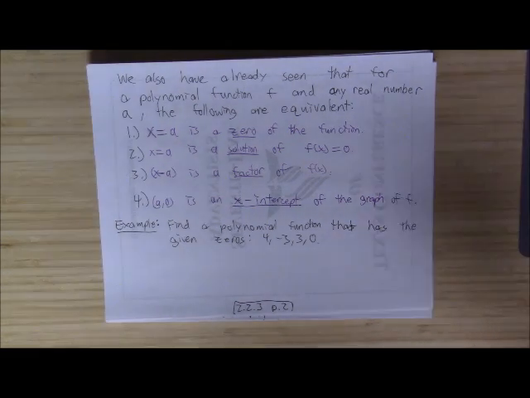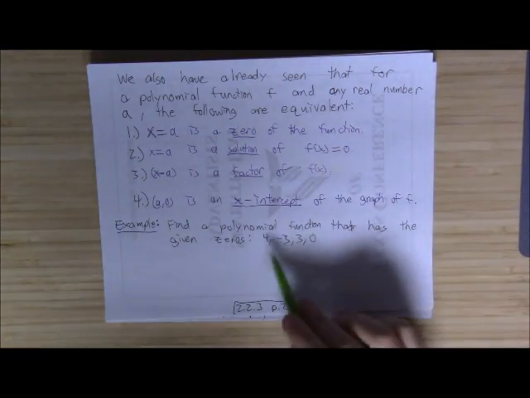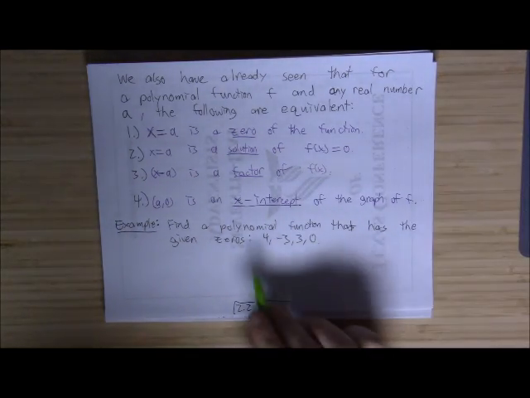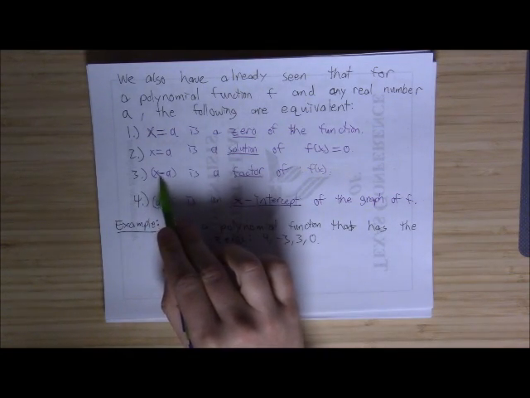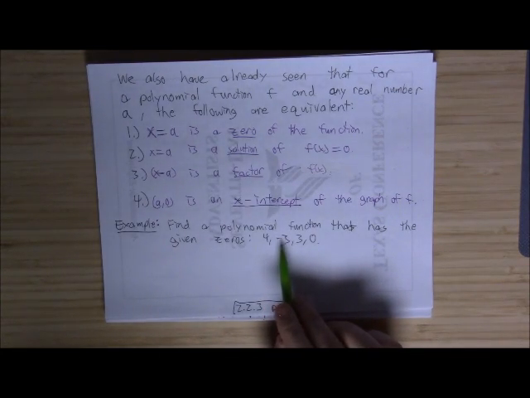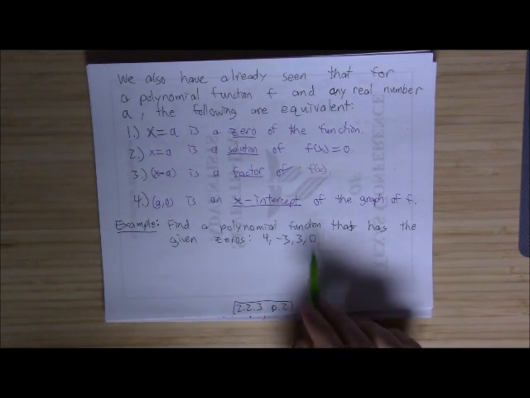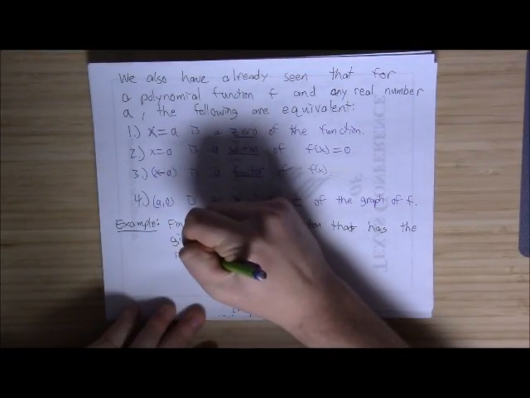For example, let's try finding a polynomial function that has the given zeros 4, negative 3, 3, and 0. If those are all zeros, we want to build a polynomial function that has them. We know x minus a is a factor, so x minus 4, x minus negative 3, x minus 3, and x minus 0 must all be factors.